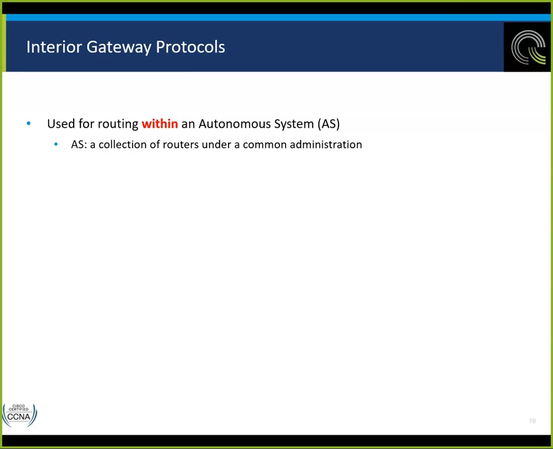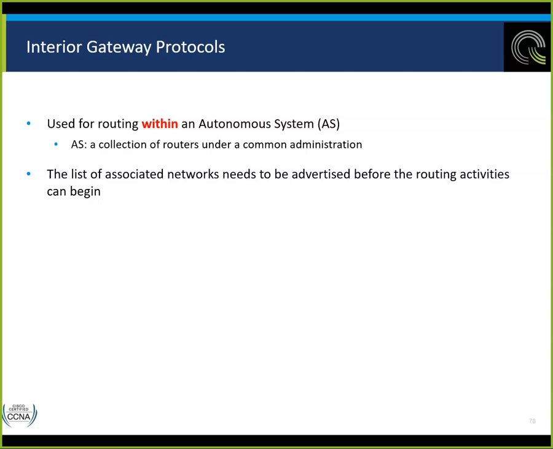Network administrator at Roanoke, ECPI, was an autonomous system. You managed the networking within that particular autonomous system. The list of associated networks needs to be advertised before the routing activities can begin.